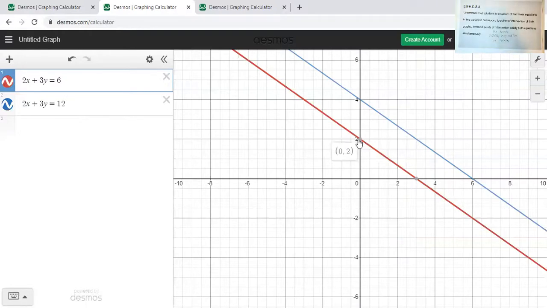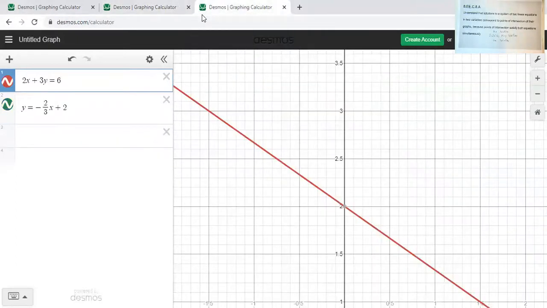In this situation, you understand that, wait a second here, these are no solutions, because the red line will never touch the blue line because it is parallel. We're going to come back to that in just a second. And finally, here's an example of infinitely many solutions.